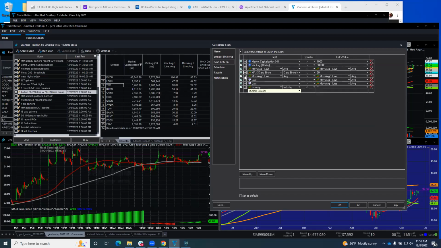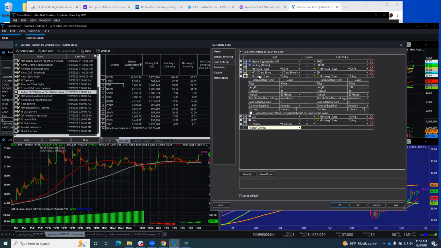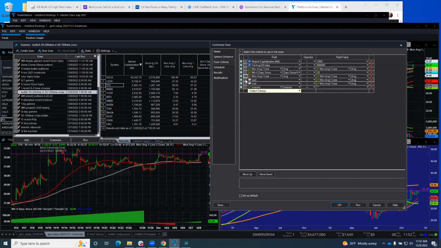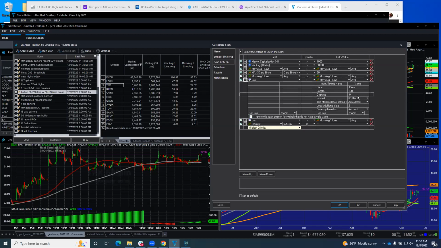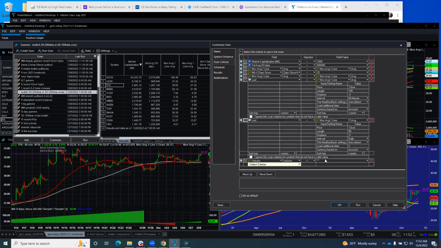Then we want to do moving average one line, moving average simple, 50 versus 100, hourly versus hourly, 50-hour greater than the 100-hour. Then I also have the last greater than the 100-hour. And then I also have the last greater than the 50-day simple.